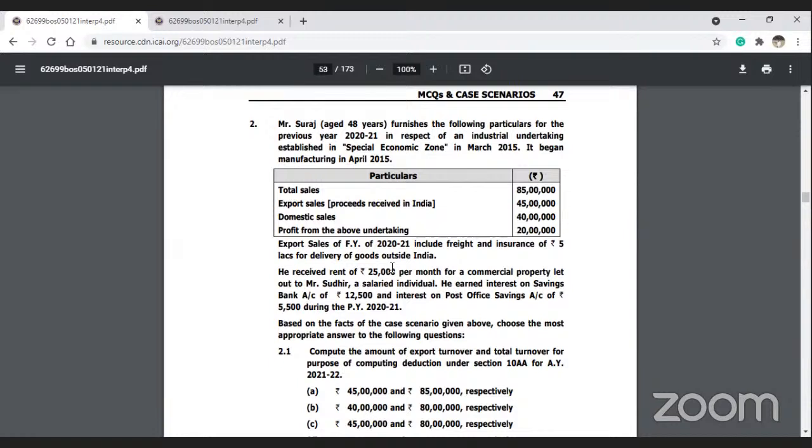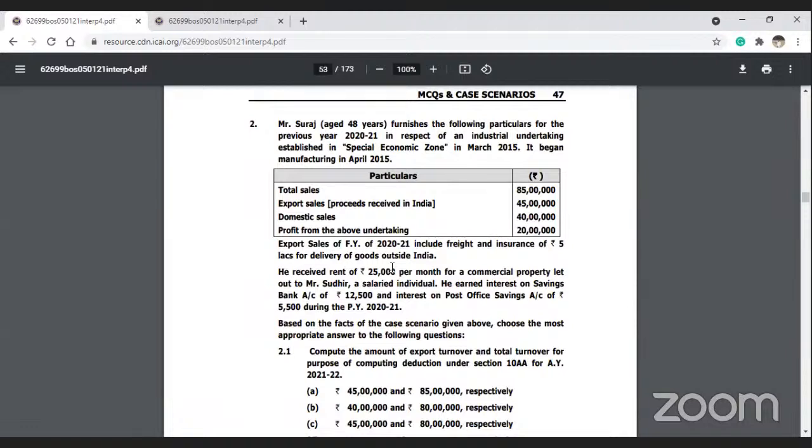Yeah, and interest on savings bank account. Interest on savings bank account 12,500. We have exemption for savings account or fixed deposit? Savings account, 10,000. That is only for post office savings account, no? Yes.